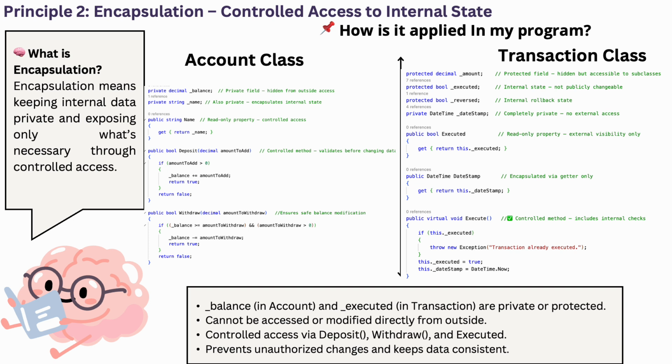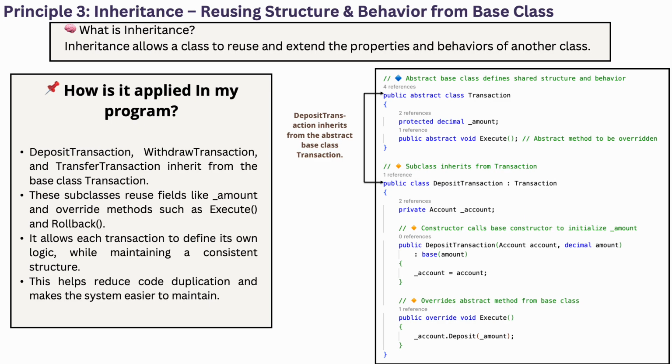And similarly, in the transaction class, fields like amount and timestamp are declared protected or private. They are only accessible through read-only properties like amount and timestamp, or modified inside methods like execute, which include internal checks. This approach helps prevent accidental or unauthorized changes to the system data and ensures that everything stays consistent and secure. So now let's move on to inheritance.